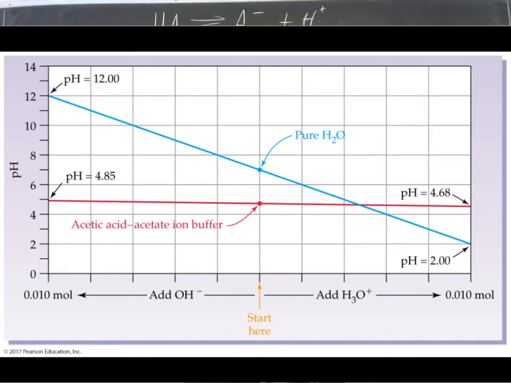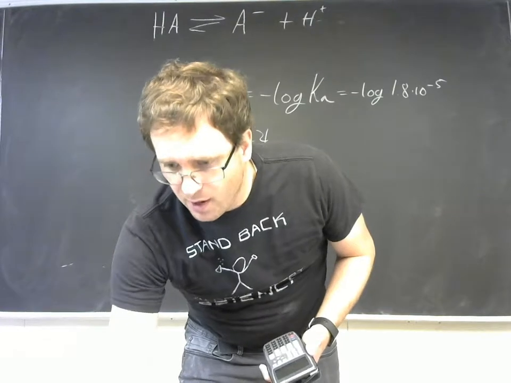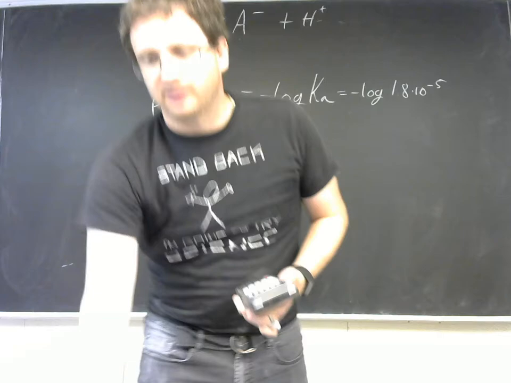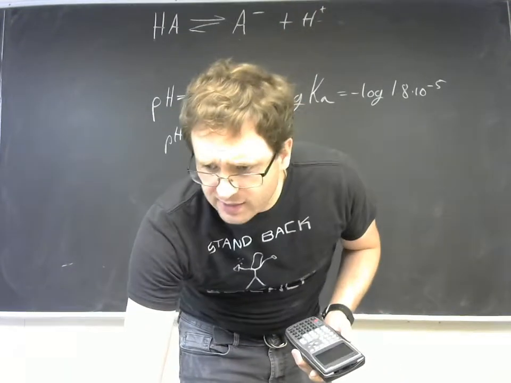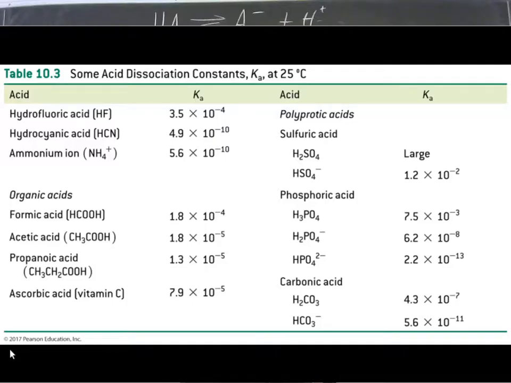But if you wanted, for example, a solution that is buffered or held at a constant pH at something that is more basic, like 10 to the negative 10th, then you're going to want to choose a different acid-base conjugate pair. So the example I said was 10 to the negative 10th.